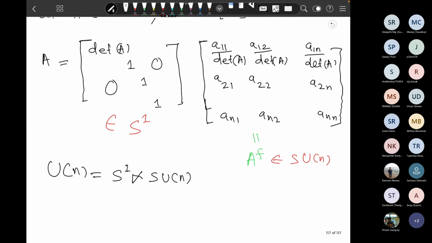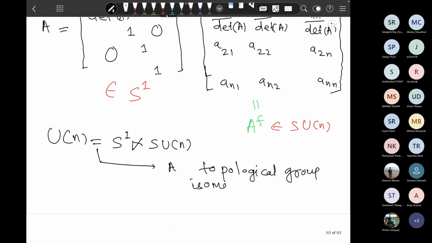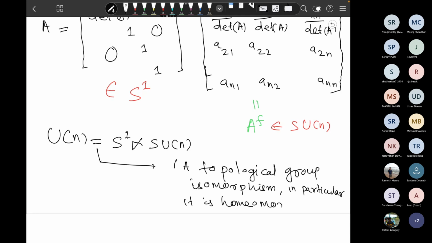This is actually a topological group isomorphism, which means they are homeomorphic and group isomorphic. In particular, it is a homeomorphism.